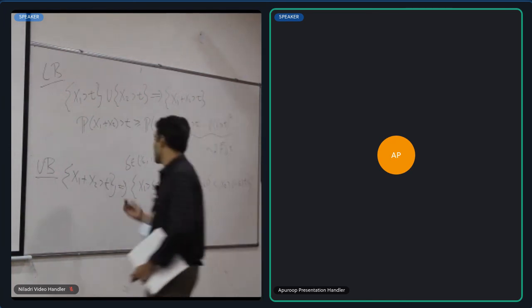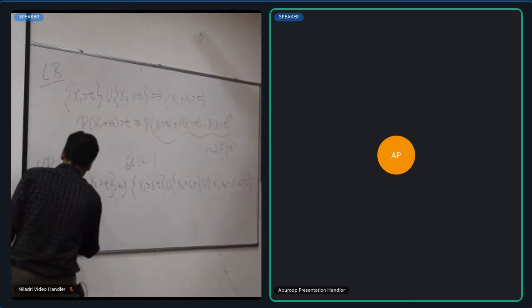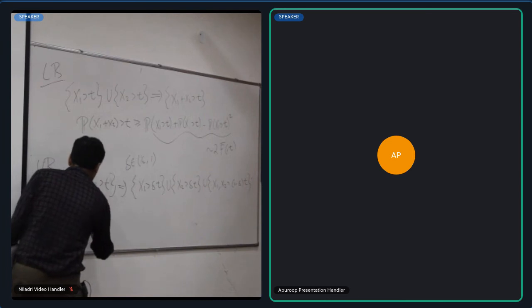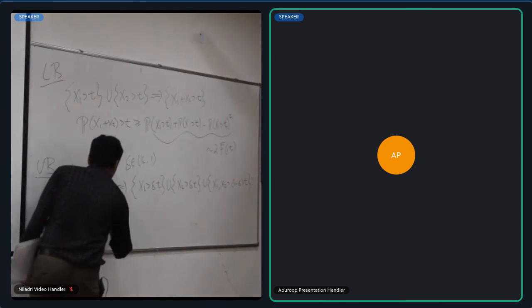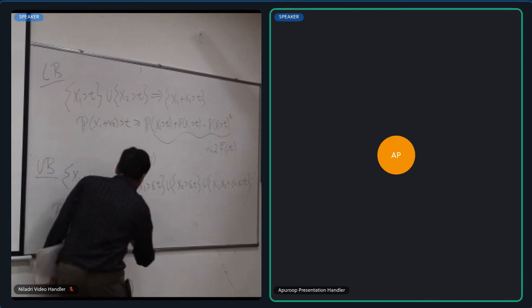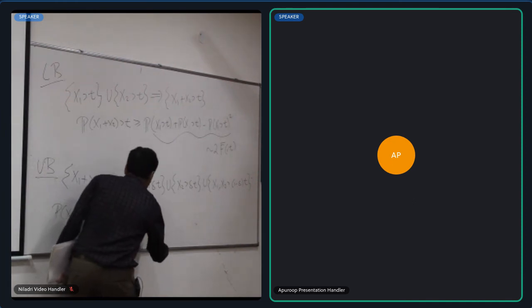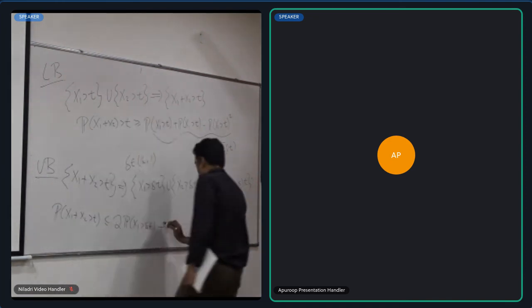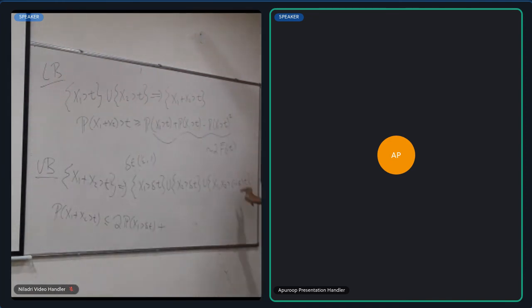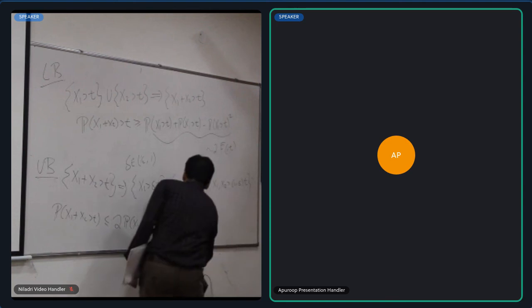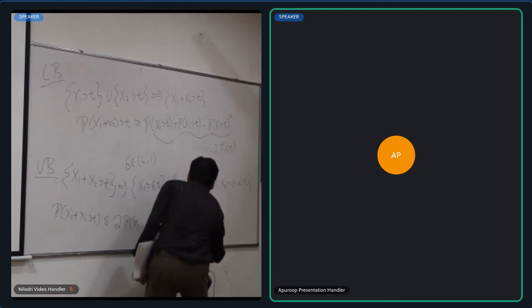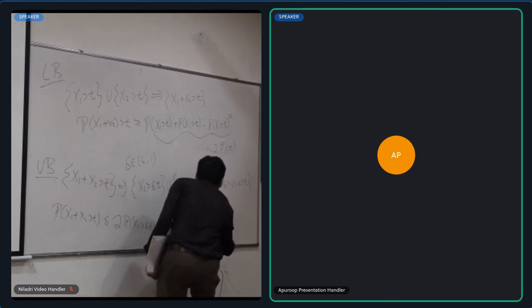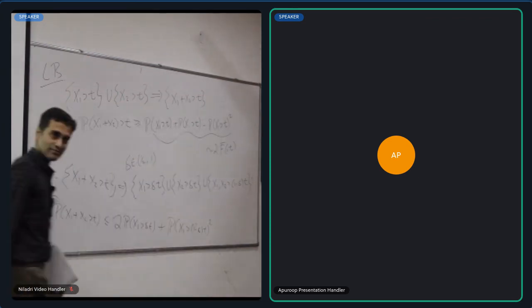So that now gives me an upper bound. The probability that x1 plus x2 is greater than t can be upper bounded by twice the probability that x1 is greater than delta t plus, now this is the union bound, right? The probability that x1 is greater than 1 minus delta t, the whole square. Okay.